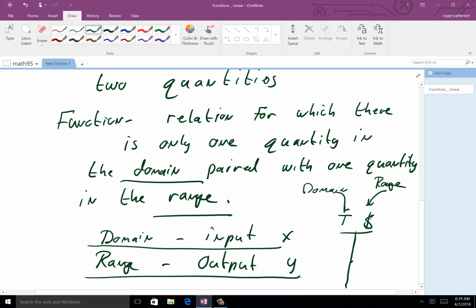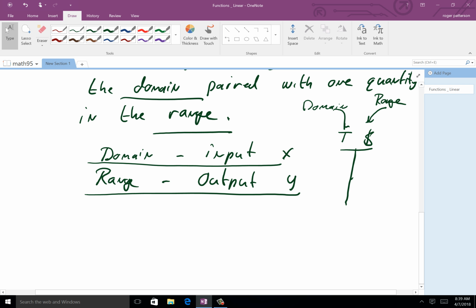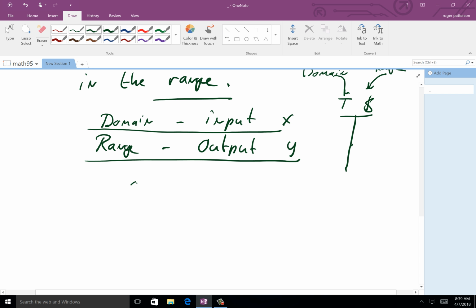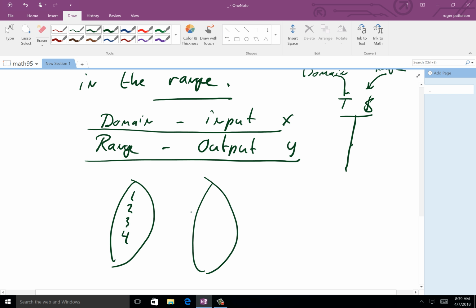So in your textbook, they have stuff like this, where they draw little eggs, round things like this, and they put numbers in here, and they put numbers over here, and then they draw arrows, meaning that 1 is associated with 8, 2 is associated with 9, 3 is associated with 10, 4 is associated with 11, and they say, hey, there's a diagram, that's a function.